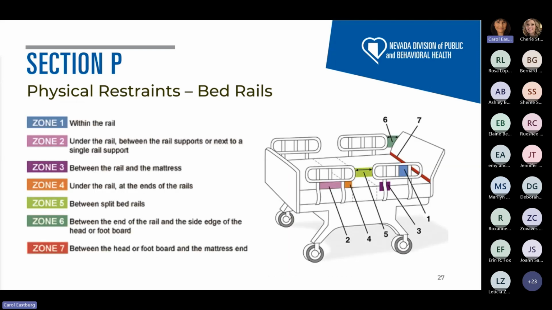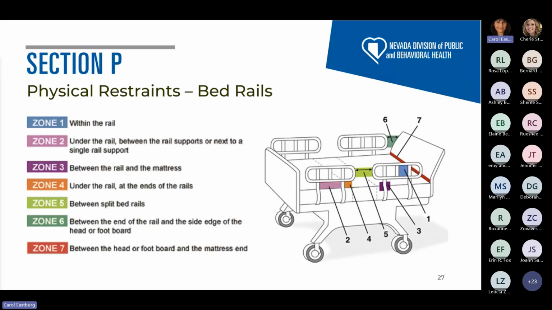This slide is just to illustrate the 7 zones and point out that even partial rails have unsafe zones. As you can see, zone 1, if you just had a partial rail near the head of the bed, is an unsafe zone.